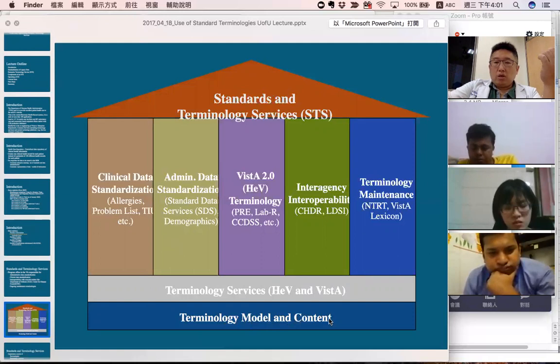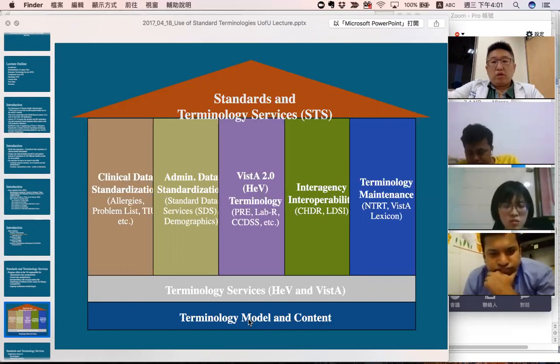Then the model, we previously talked about, because when we need to describe the data, the structure is very important. Because if you only send out a set of text and numbers without mentioning the meaning and structure, the computer cannot understand.